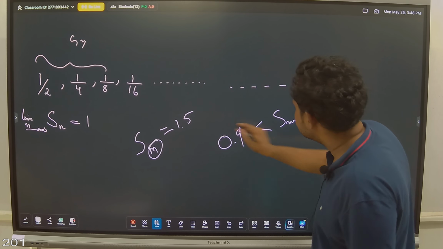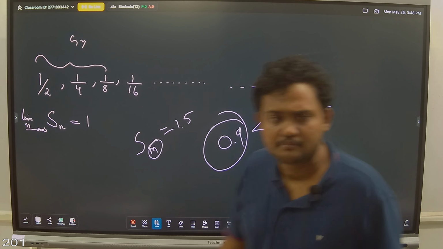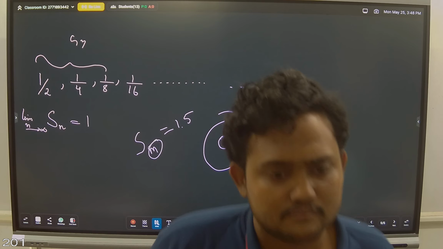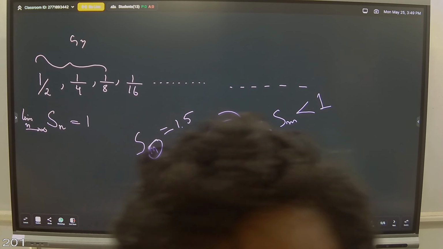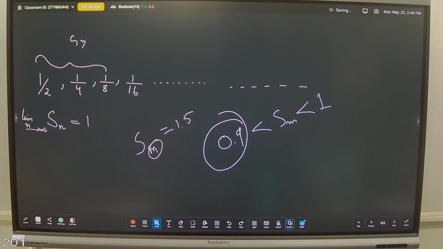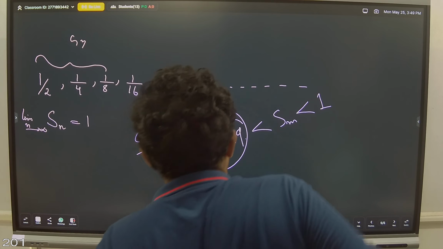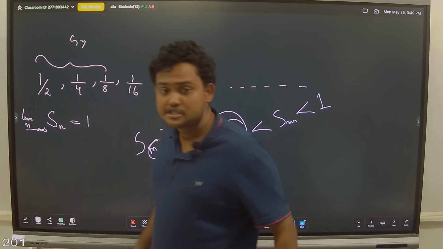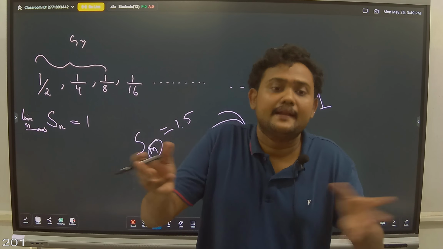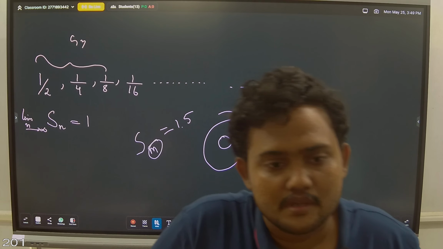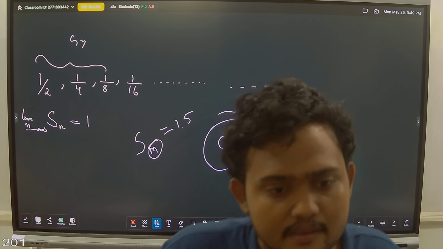What is the maximum value I can put there for any m? 0.99? 0.999? No, I add another 9, it becomes a greater value, which I can plug in there easily, right?